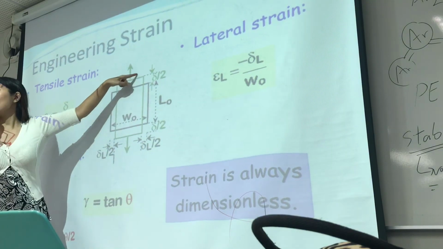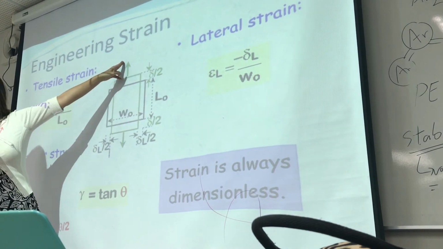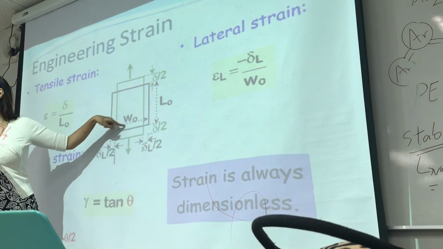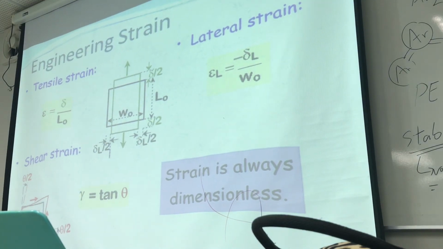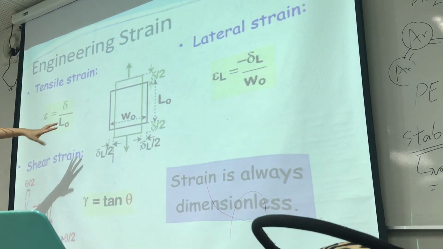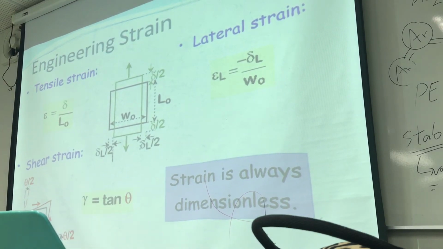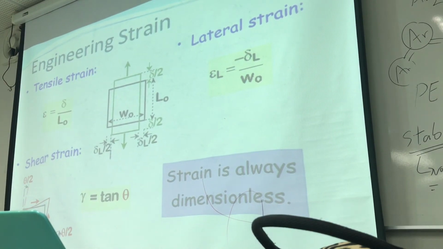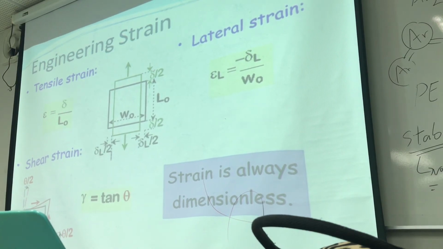It becomes this green box. It gets longer, while the width is reduced. So when we talk about the strain, we can talk in two aspects. The first one is how much longer it gets.